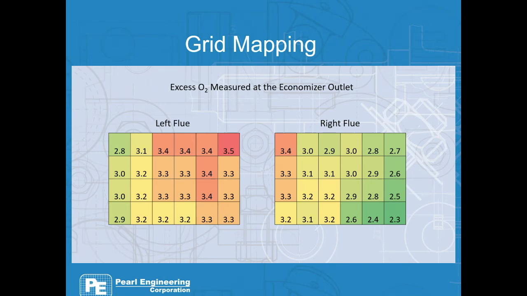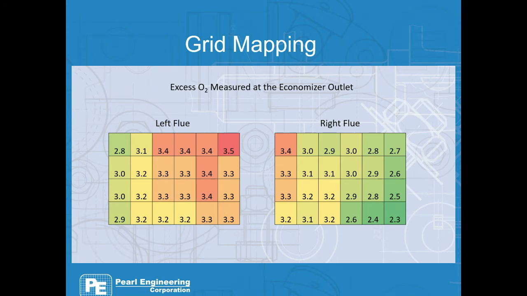In this example, towards the top center, you have 3.5% excess O2. Down on the bottom right, you're around 2.3. Now, if you're controlling to 3.1%, your control points for your O2 probes are only in one place, or maybe you've got 3 across.